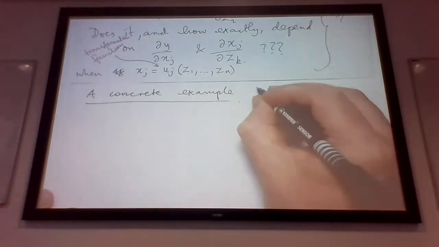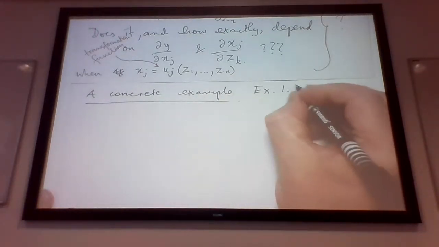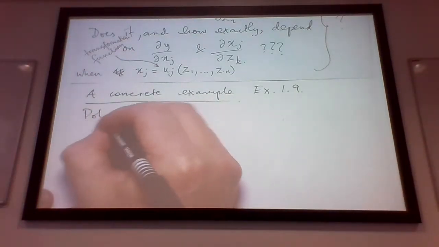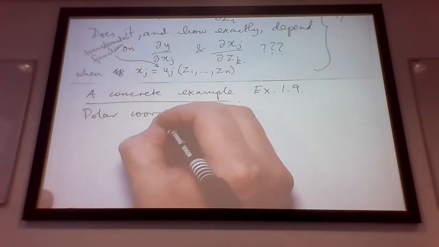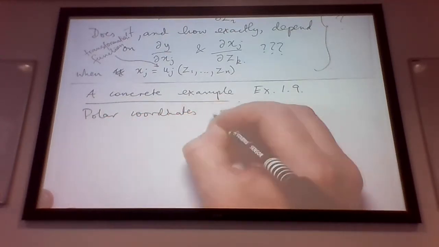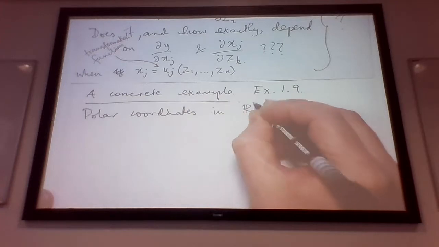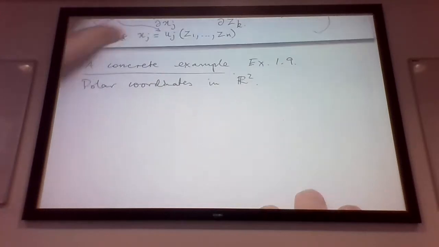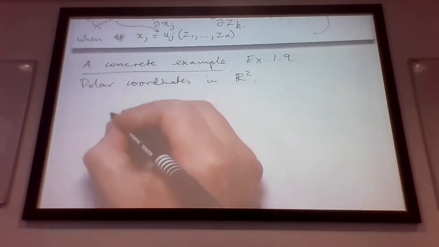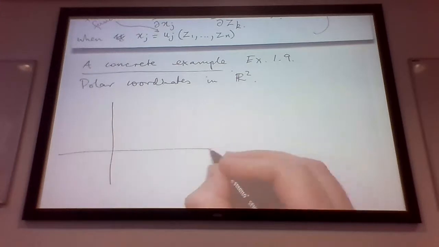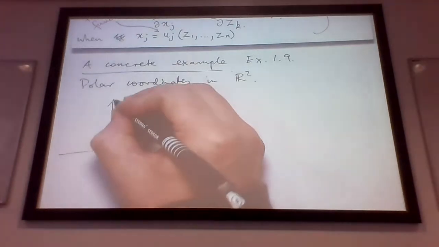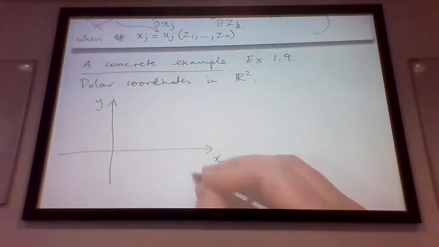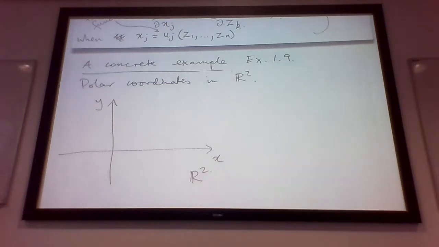So this is example 1.9 from the notes, and that is the polar coordinate system in R2. Now this is something which you may well be familiar with, seen in other areas, but we're well used to thinking of R2 as being the system with coordinates x and y.